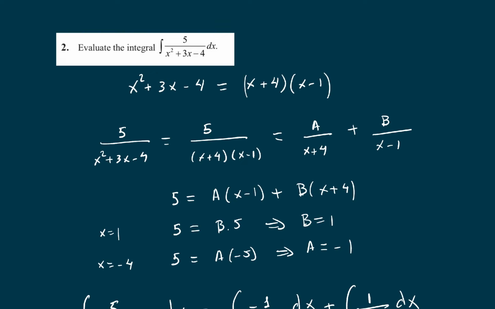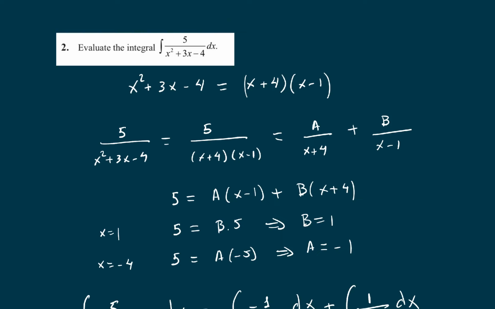So the factorization of this polynomial is x plus 4 multiplied by x minus 1, and of course you can multiply using the distributive property and you will find the left side of the equation. So 5 divided by x squared plus 3x minus 4 is 5 divided by x plus 4 multiplied by x minus 1. And now you can use partial fraction.